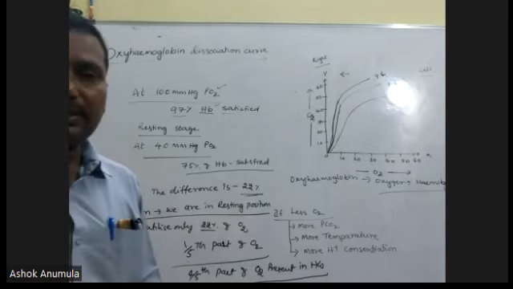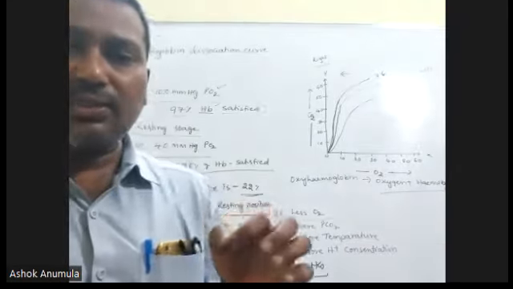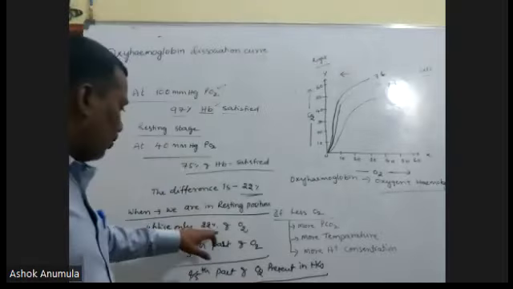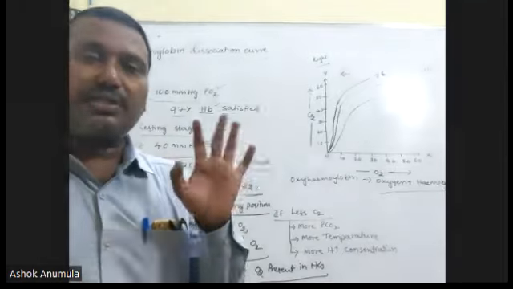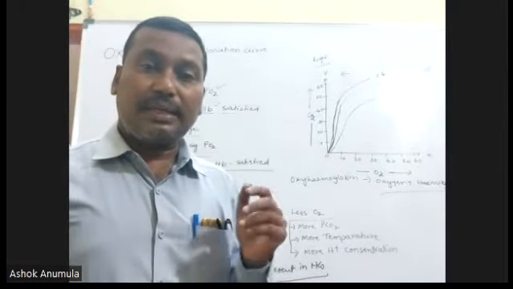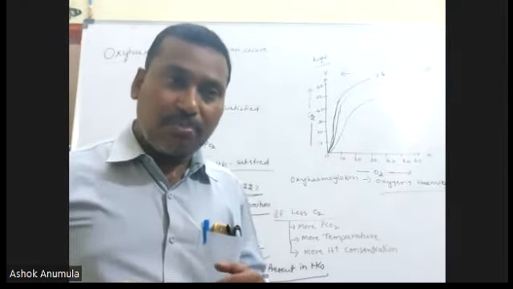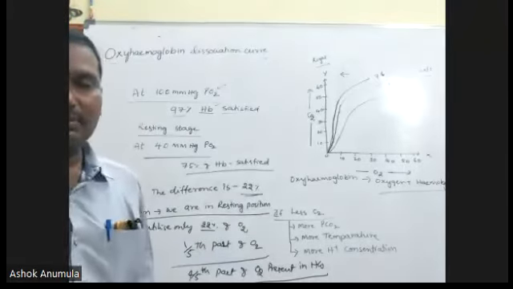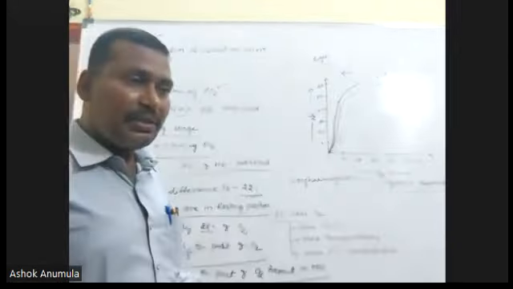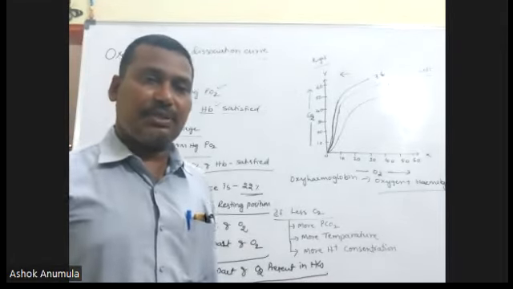At the resting position, we are utilizing a very small quantity of oxygen, only 22%, about 1/5. In the resting position, our blood contains 4/5 part of oxygen bound to hemoglobin.